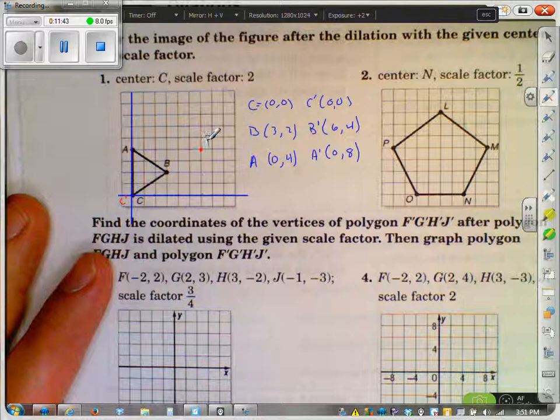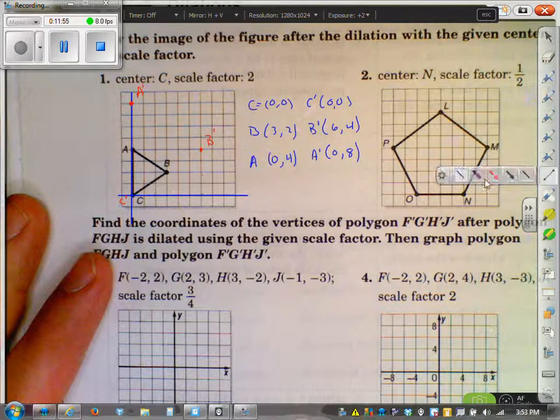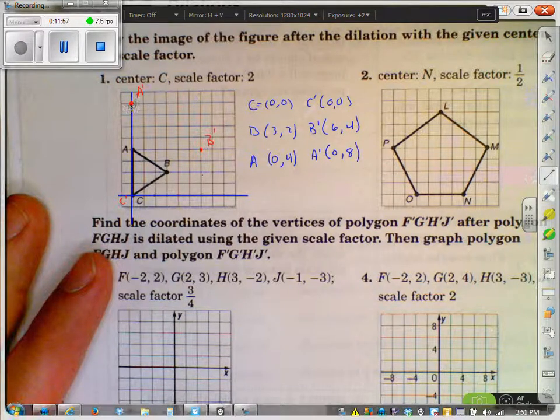B prime, and then A prime is 0, 8. 1, 2, 3, 4, 5, 6, 7, 8. A prime. And what we see is we have an image that's been enlarged by a scale factor of 2.